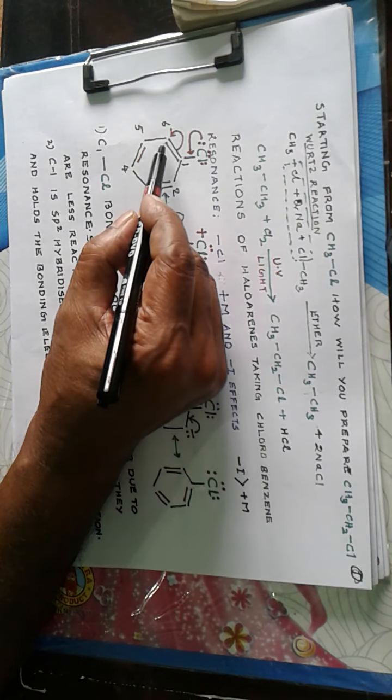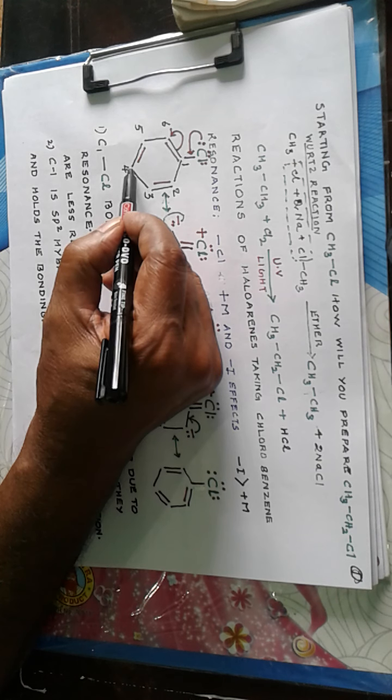But the minus I effect gradually dies away as it reaches the fourth carbon, that is the para position. So electrophilic substitution of chlorobenzene mainly gives the para substituted derivative as the major product, because the inductive effect is minimum, or the partial positive charge at position 4 is minimum.